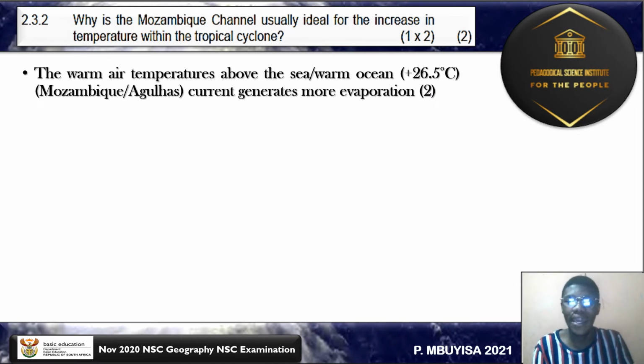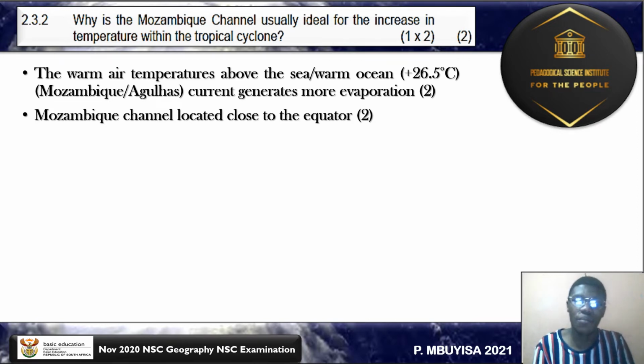So the warm air temperatures above the sea or warm ocean, which are above 26.5 degrees Celsius in the Mozambique Channel, ensure that we have constant or rapid evaporation taking place in that particular region. So that's one of the reasons.